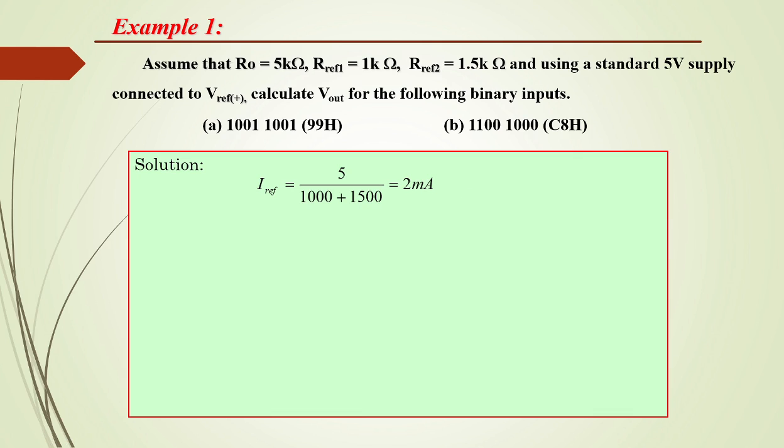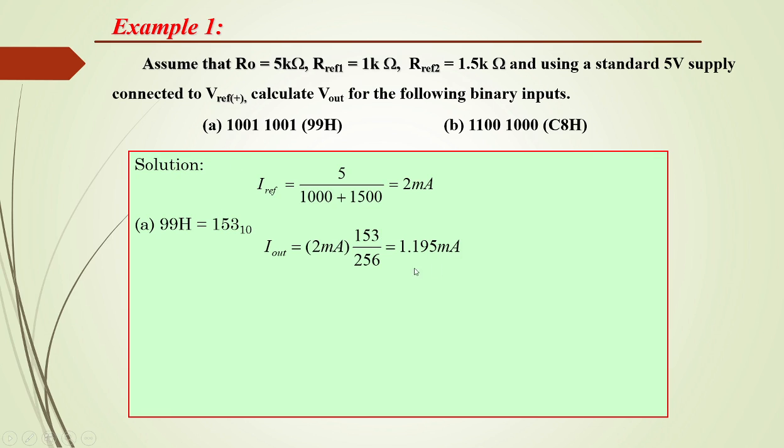Now we calculate the I out for the first input, 1001 1001, which is 99H in hex and its equivalent decimal value is 153. I out is calculated as I reference into the decimal value of the digital input divided by 256.